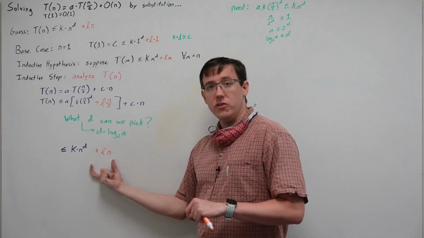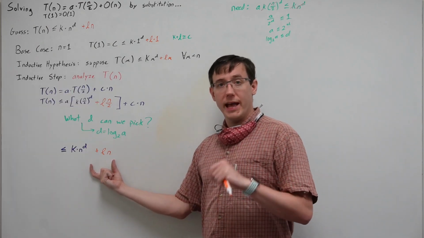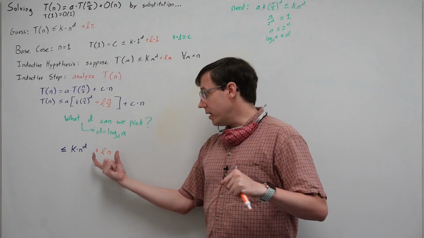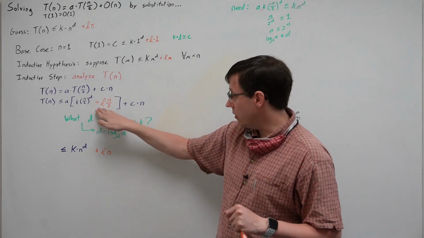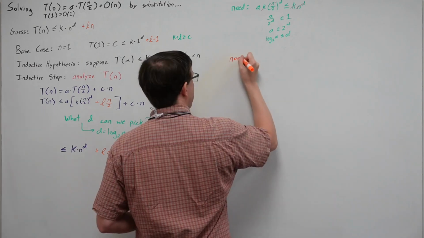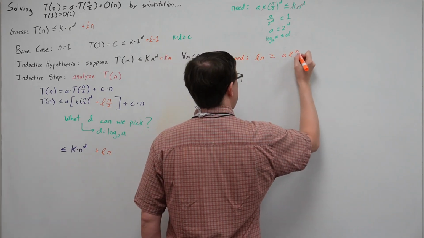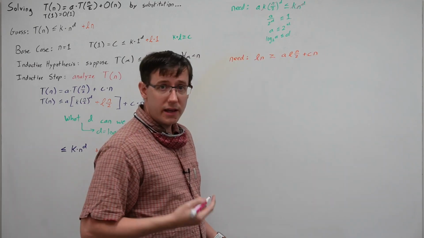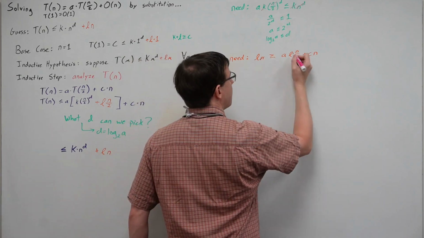Now our task is to pick an appropriate value of L, and if we can make this term at least this one plus this one, we will have shown our upper bound. We can again cancel out the n's.